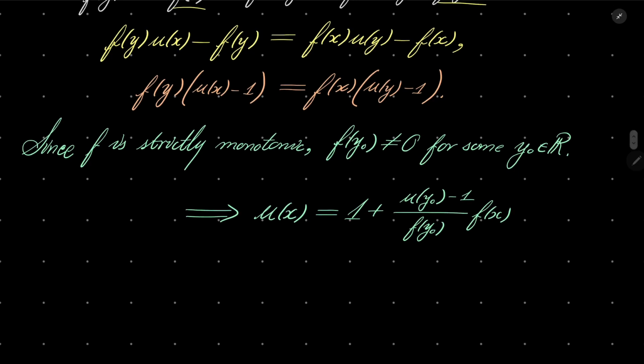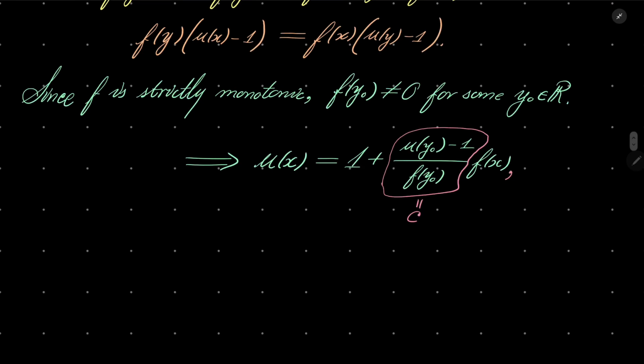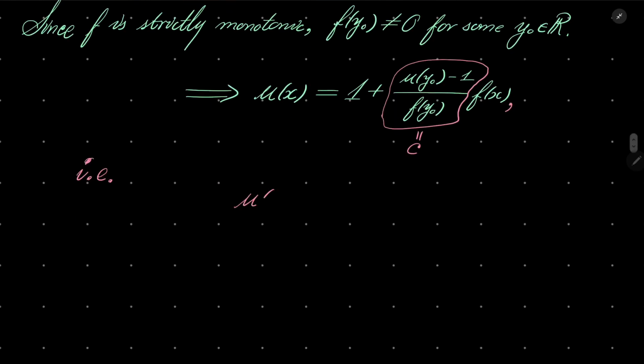But really, y0 is a constant, so this part is also a constant, i.e. u of x equals 1 plus some constant c times f of x, where c is a constant.